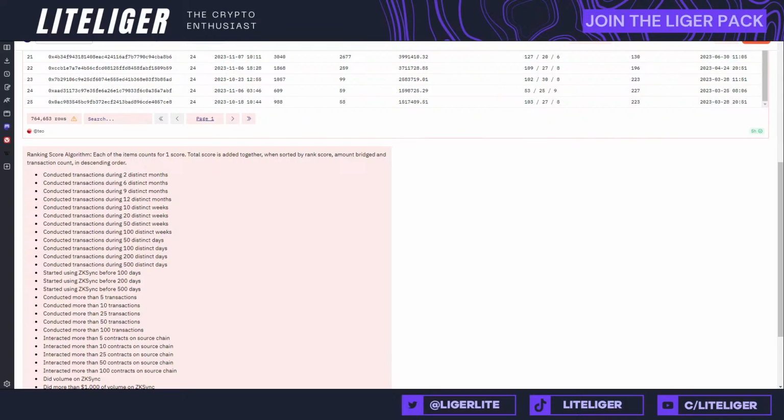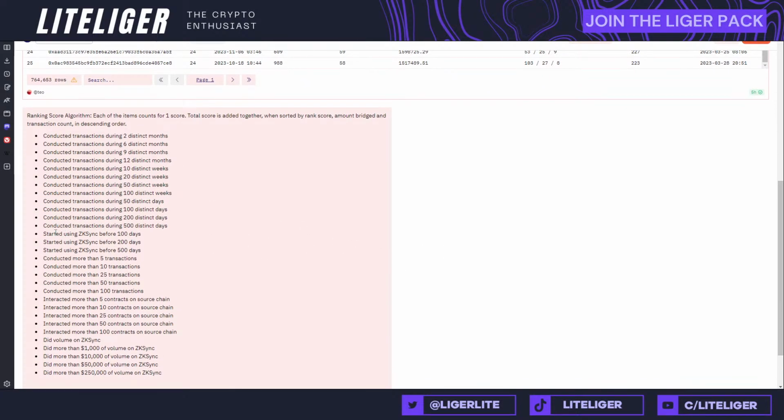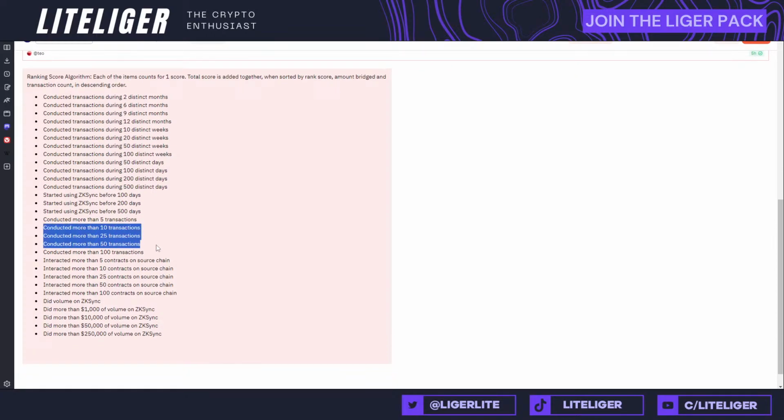Let me actually post this so you can keep track with the Dune Analytics. It shows when you started using the chain, how many smart contracts you interacted with, and then there's the volume, which is probably the amount of bridging and the amount of traded volume.